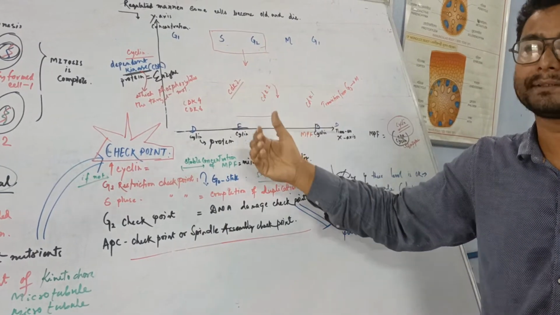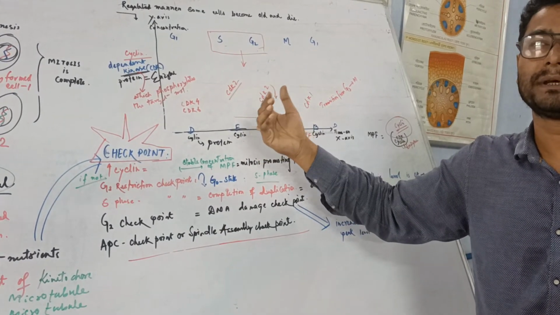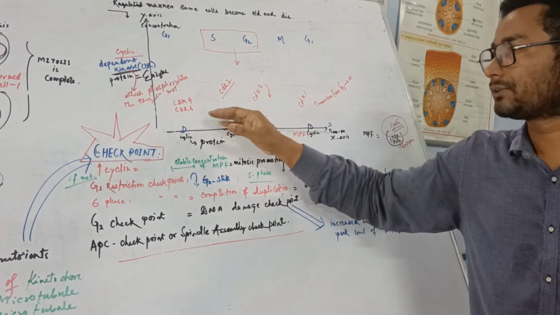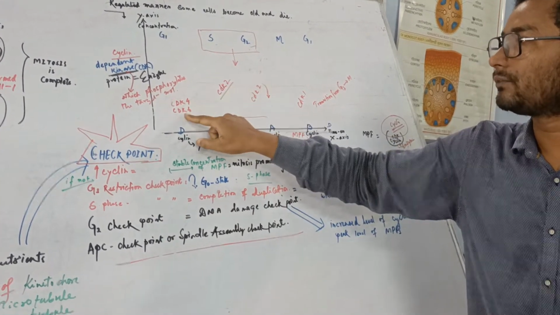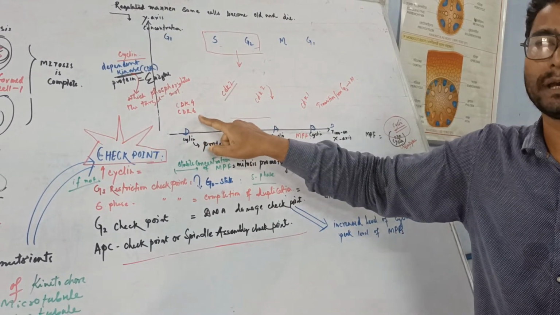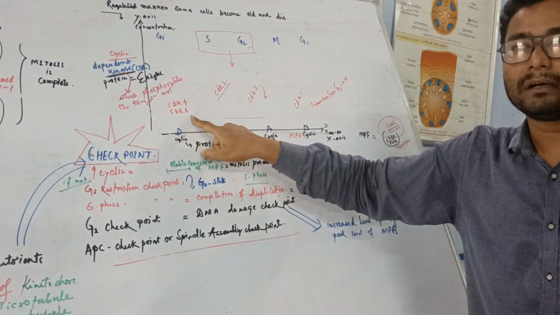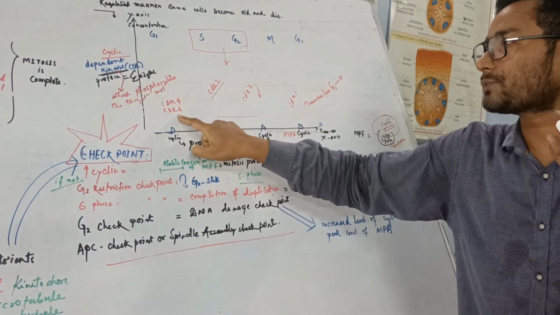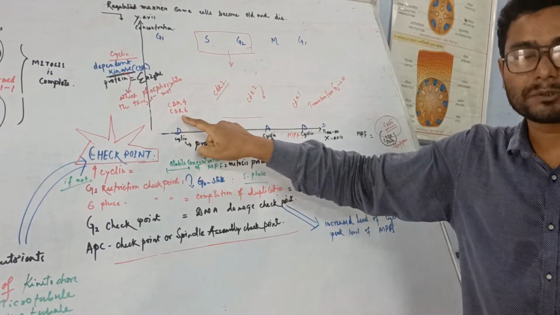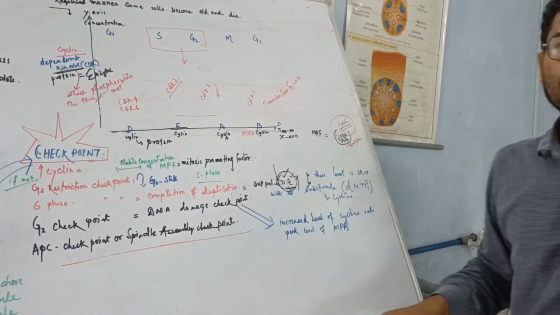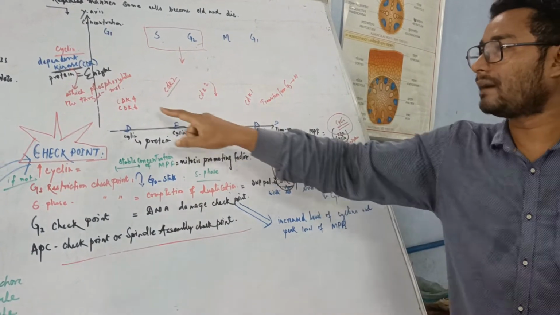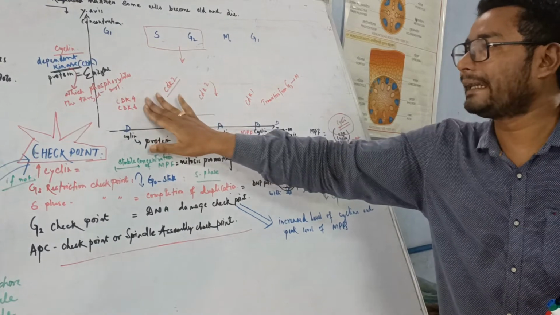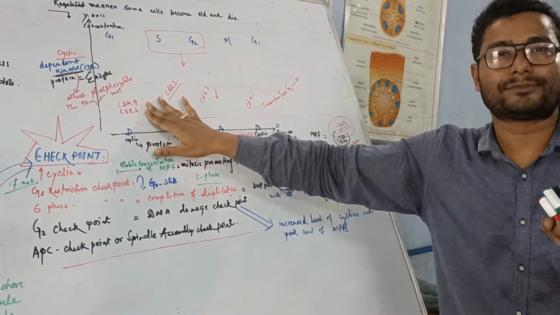They phosphorylate threonine or tyrosine, these two amino acids in the substrate. Phosphorylation means it will activate the machinery, and after that the cyclin will be destroyed by the proteasome.